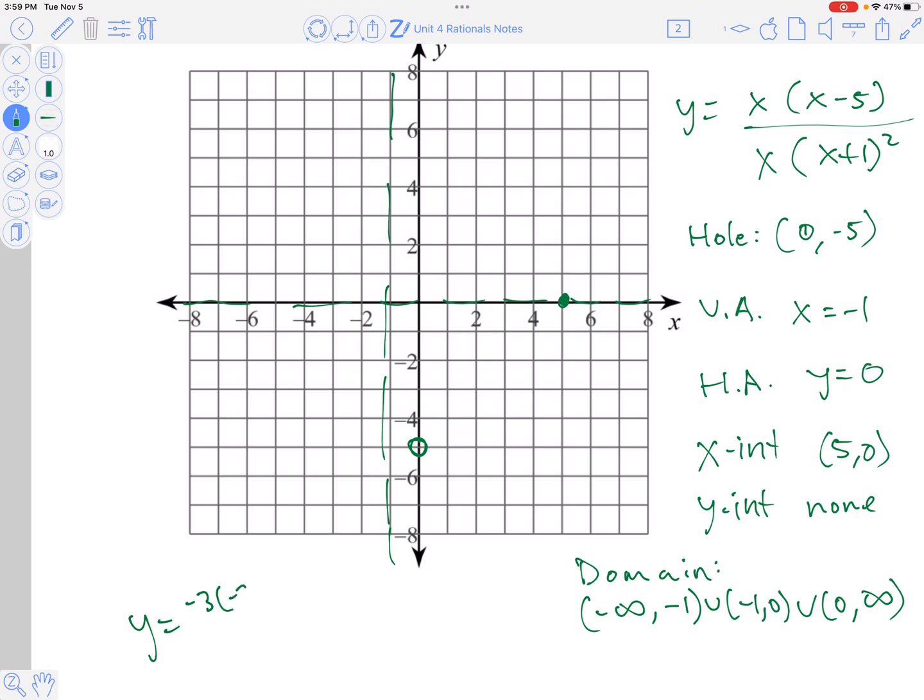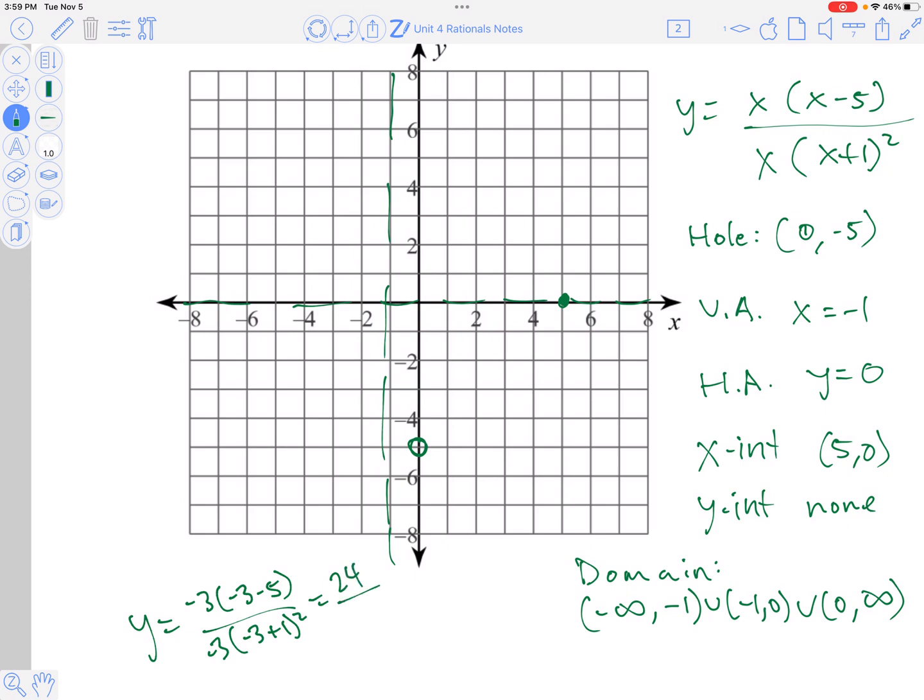If I plug -3 into that, then I'll get a solution, a y value, that'll help me with the rest. So -3 minus 5 is -8. A negative times a negative is a positive, so we get positive 24 when we do 3 times 8.